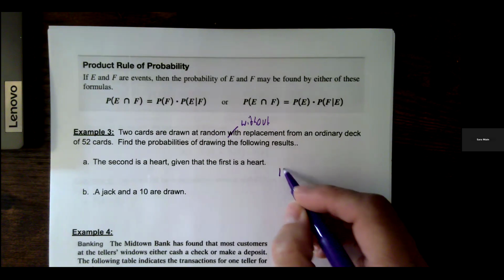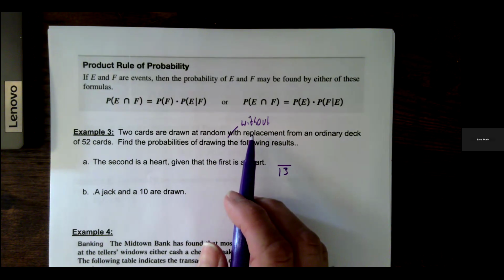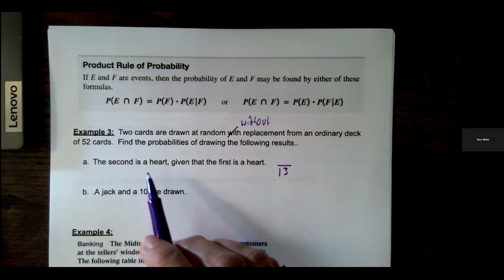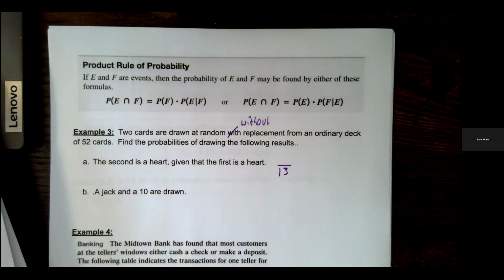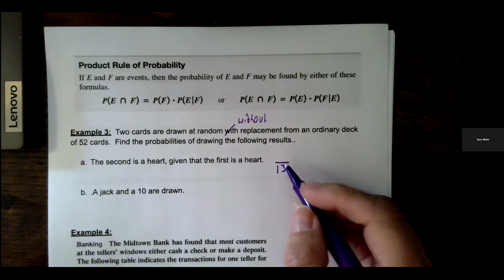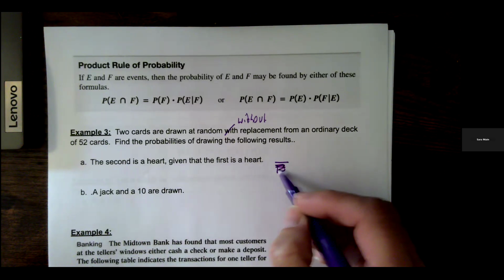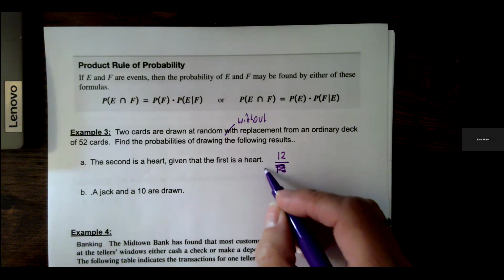And because it was without replacement, and the first one was a heart, there are only 51 cards left, and only 12 hearts left out of 51.